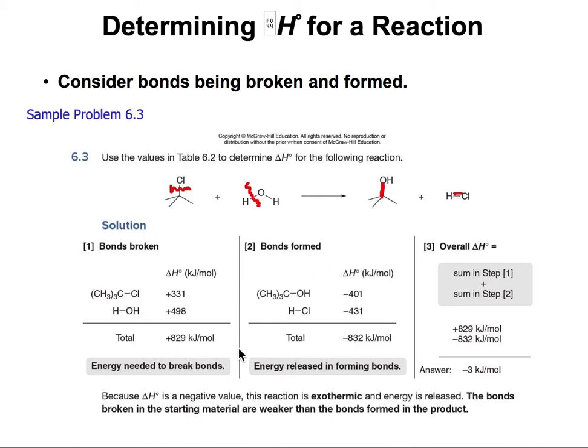We sum the bonds that are being broken, we sum the bonds that are being formed, we add them together, and then we get an overall minus 3 kilojoules per mole for this reaction. Because we end up with a negative sign, that means that our reaction is exothermic. So overall, we have bonds being formed and bonds being broken, but overall the reaction is exothermic.